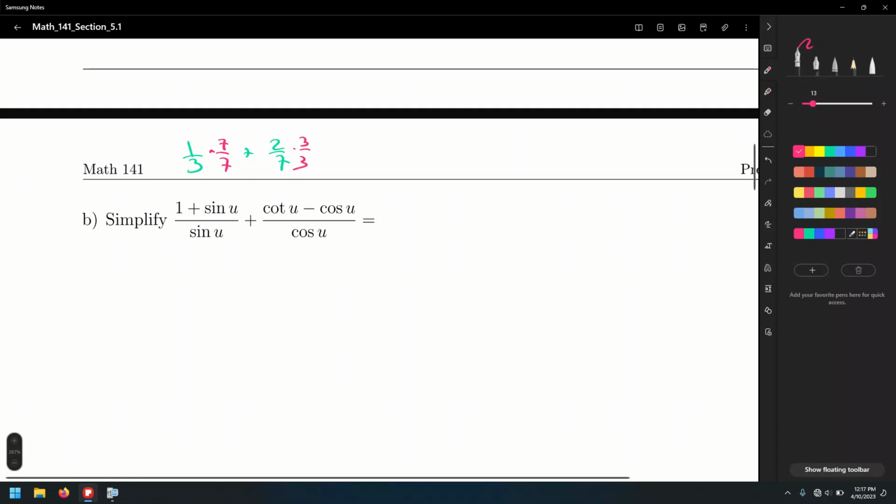This way we can create two equivalent rational numbers but with the same denominator, in a way that we can combine them together. That is 7 over 21 plus 5 over 21. And now that we have a common denominator, we can go ahead and combine them together. So this is 7 plus 5, that's 12 over 21.